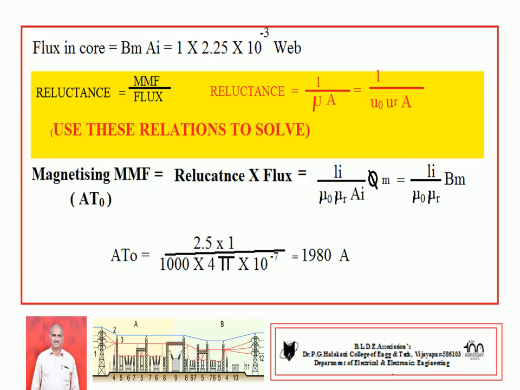So reluctance into flux phi m. After that, the ratio of phi m by Ai in the above equation becomes Bm. Then you calculate the AT naught. We are going to get 1980 ampere turns.